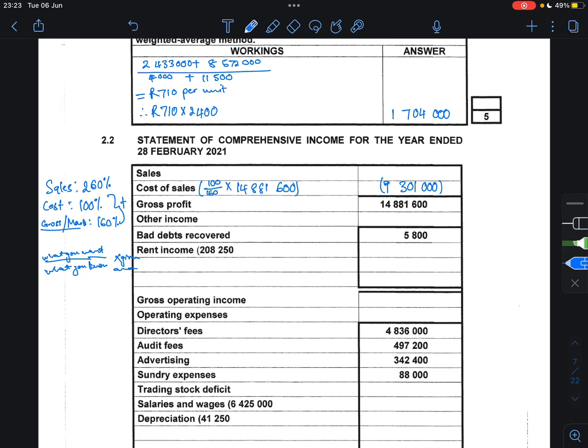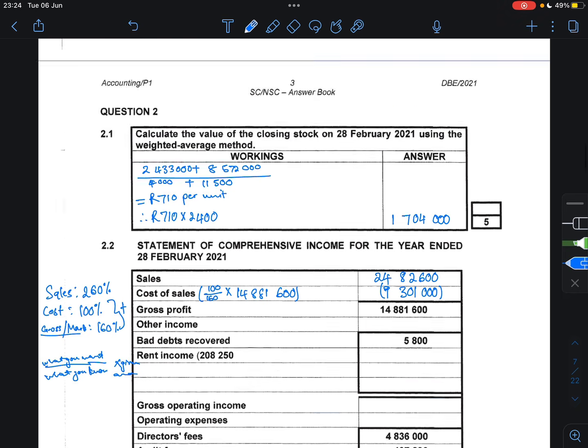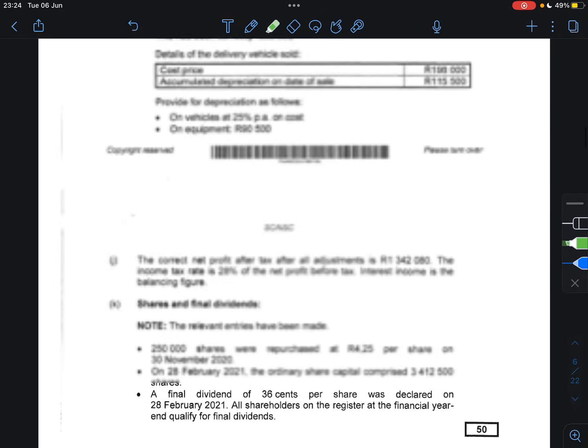And then you can just simply add these two amounts to get your sales. Or you can just simply start by calculating your sales, and then you work your way downwards to calculating your cost of sales.